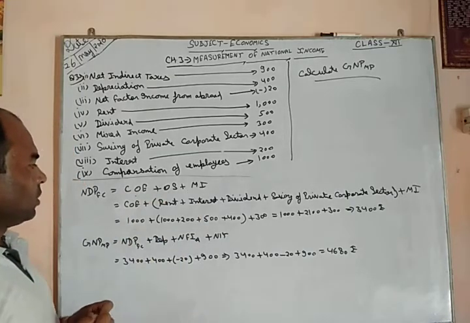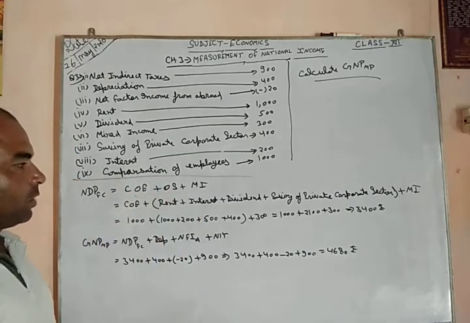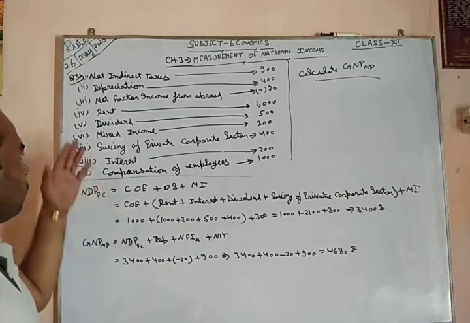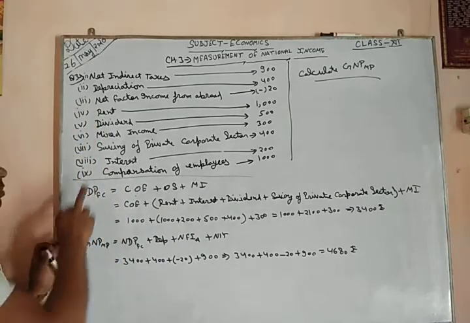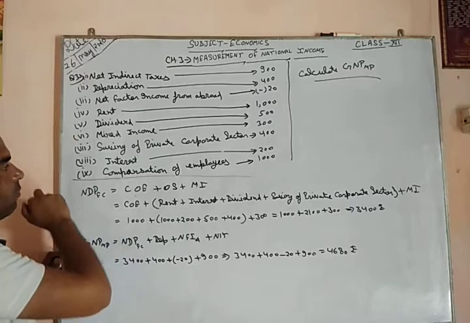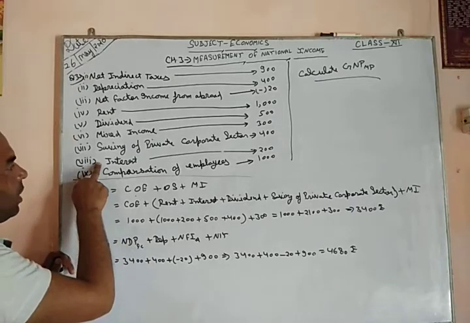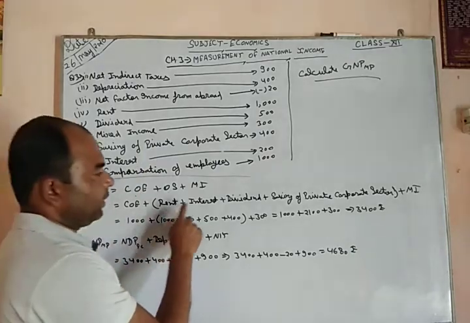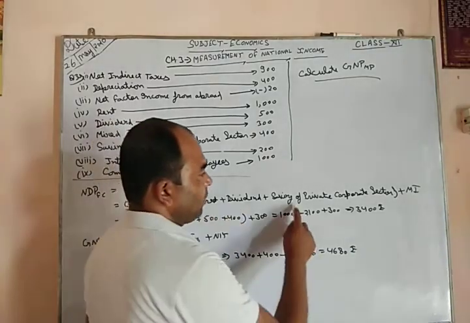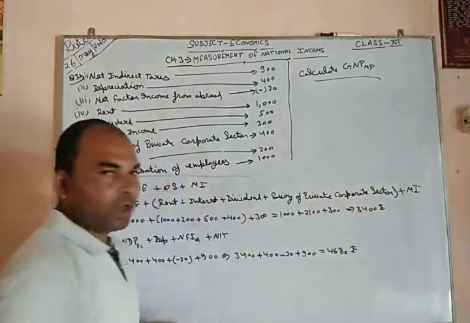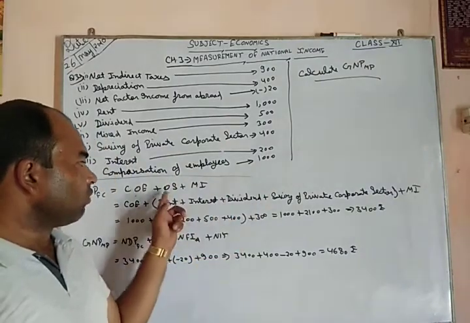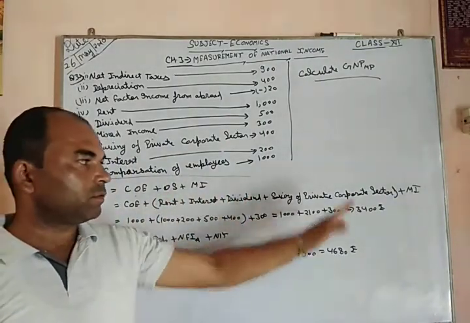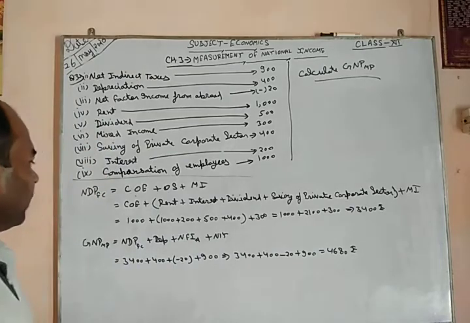Here COE is given clearly, and operating surplus is divided into 4 parts in this question. Rent, no doubt. Dividend, it is a part of profit. Interest is also given here, and saving of private corporate sector. If we add these things, then we can calculate operating surplus plus mixed income as it is there. Is it clear to students?